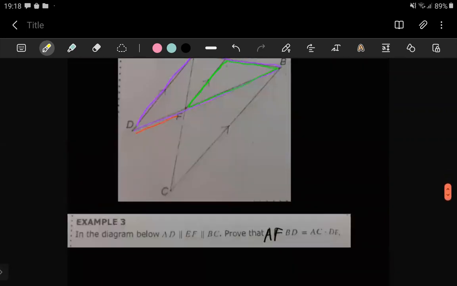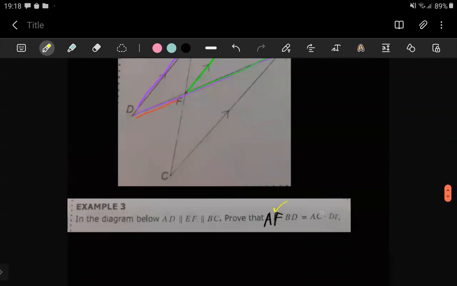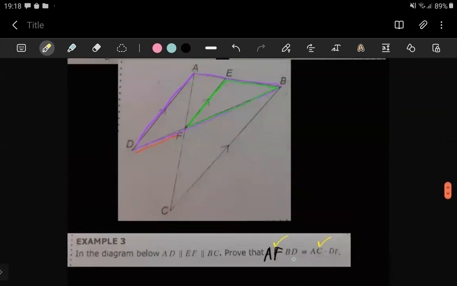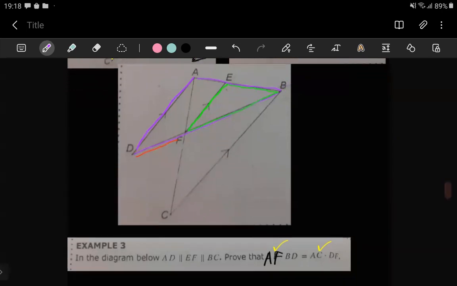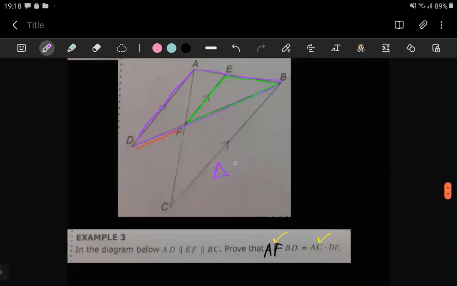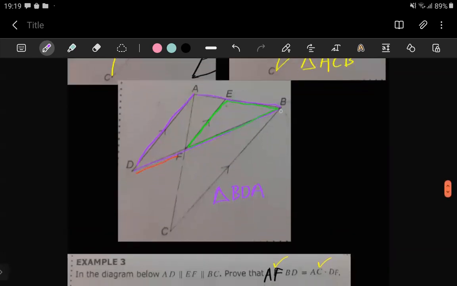That accommodates that. Here we have a DB, or a BD rather. Where we see BD here, we may want to name the purple triangle BDA. And once we have labeled the purple triangle BDA, we have no choice but to label the green triangle BFE. So there's B here, F, and E over there. You see, we have no choice.